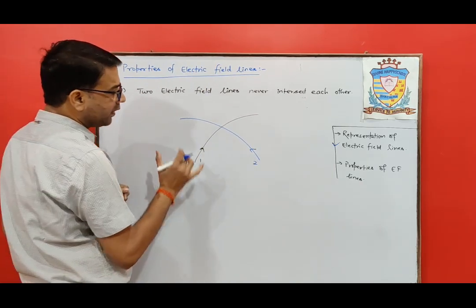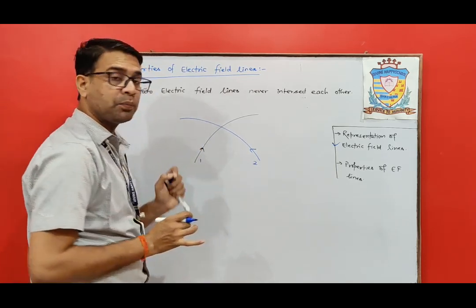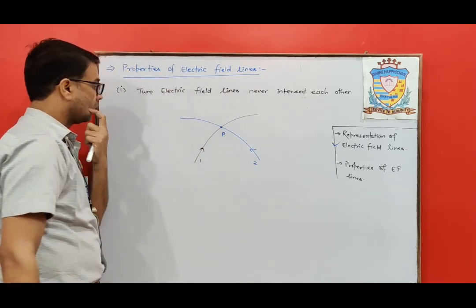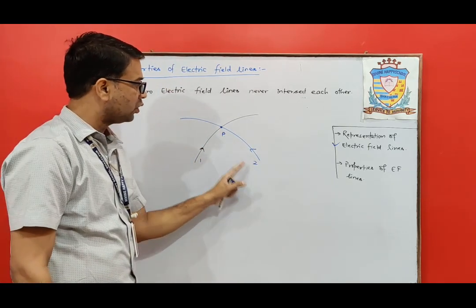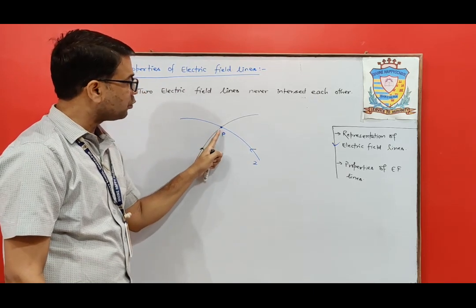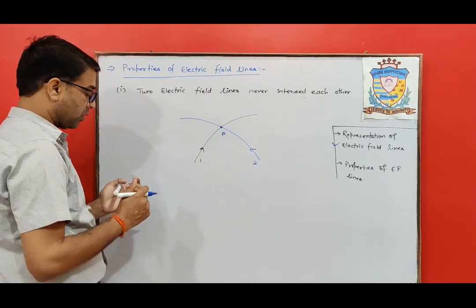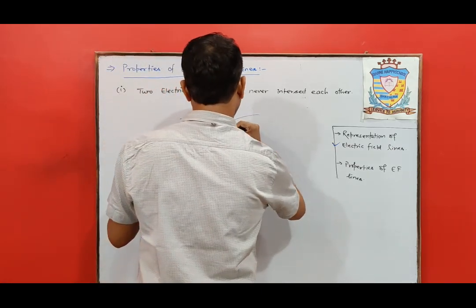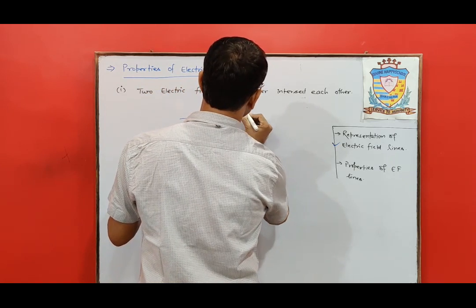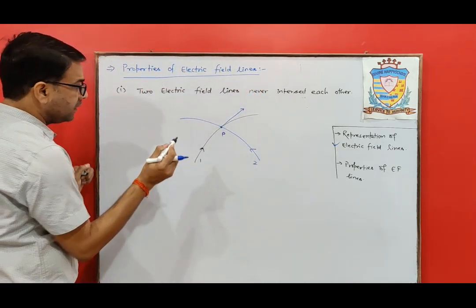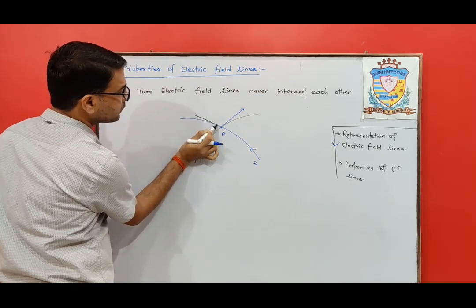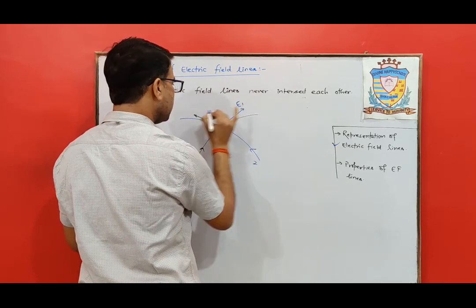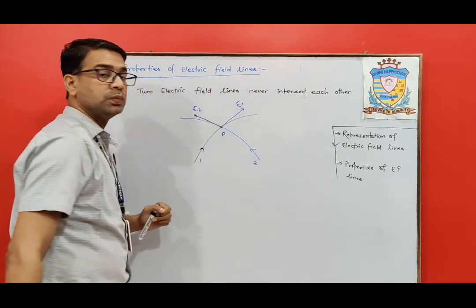If two electric field lines intersect each other at a point, suppose point P, then at this point P we have two different tangents, first this and second this, E1 and E2.